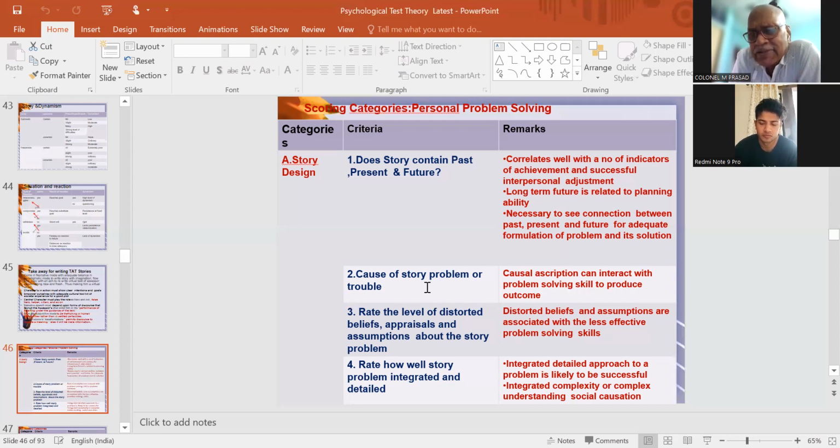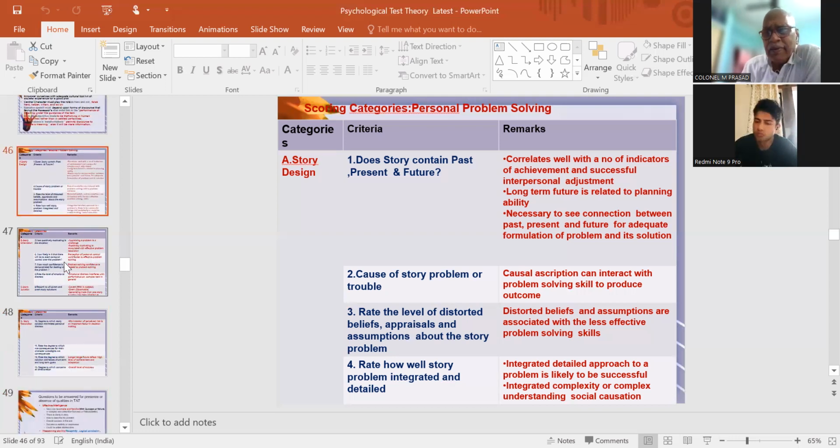Except for maintaining stamina, you have not been able to tell anything beyond that. Okay. Now, details are missing. So rate how well the story is integrated in details. Details get missed out to quite an extent. Yes or no? Yes. Okay.